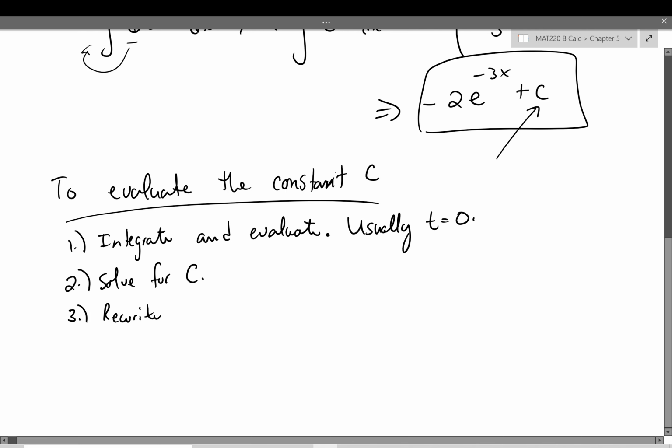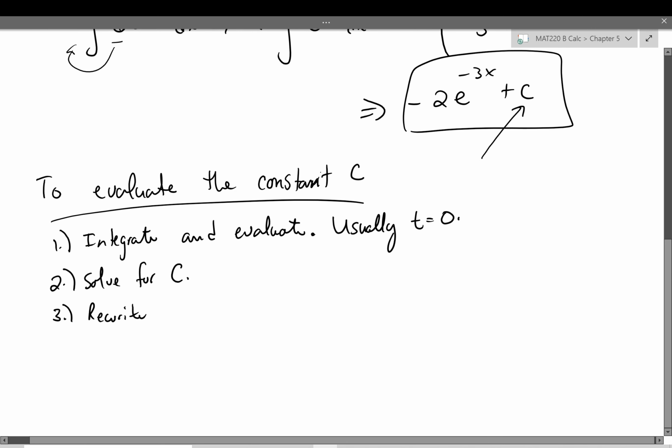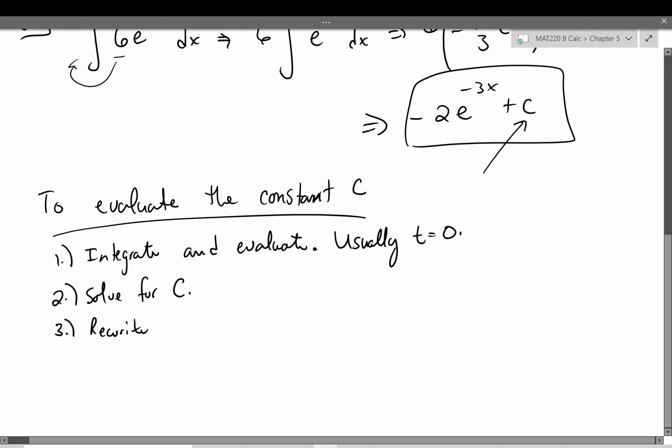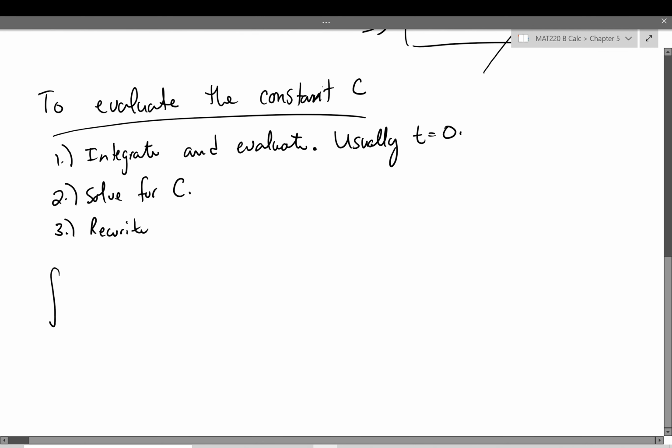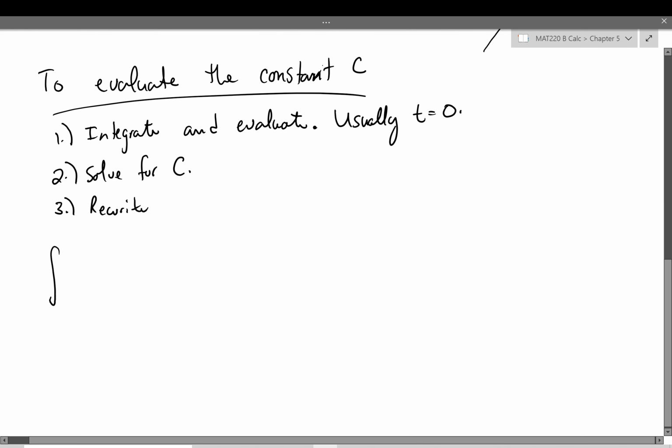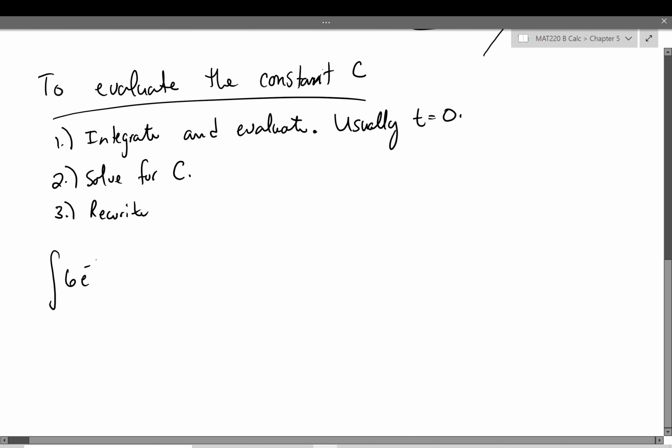An easy example of that would be this previous problem, the negative 2e to the negative 3x plus c. So let me write out the problem again: 6 e to the negative 3x dx. If I wanted to evaluate for c here, since the variable is x, we'll let x equal 0.